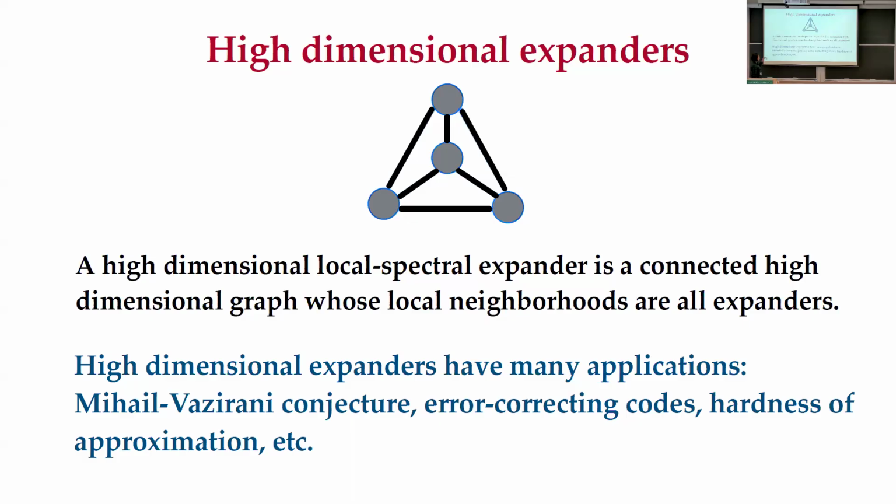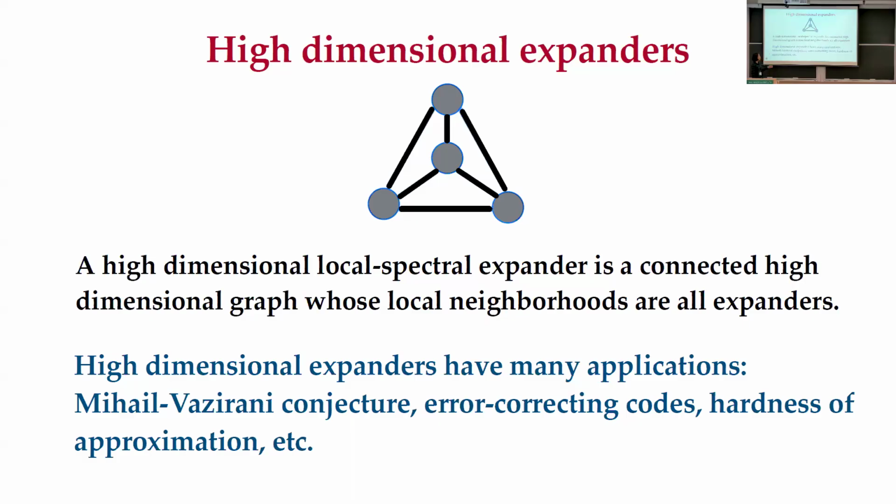Despite the fact that these objects haven't been studied for that many years in the computer science community, we already have very cool applications of them, including in sampling, in resolving the Mihail-Vazirani conjecture of sampling spanning trees.